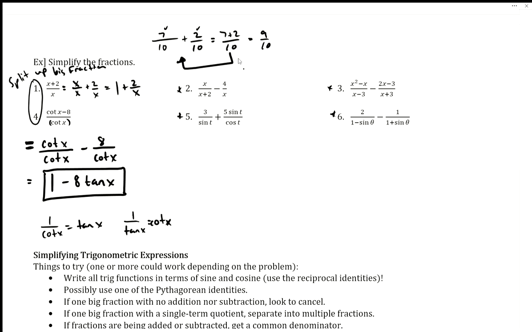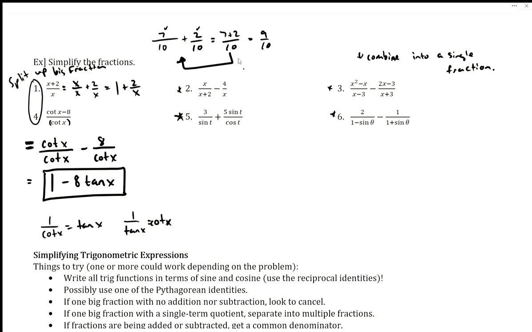We usually want to combine them into a single fraction. That's usually how the pattern goes with these style problems. I'm saying usually a lot because we don't know for sure, but it's often a good idea to do that in our problems coming up.